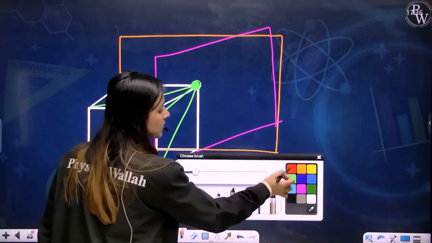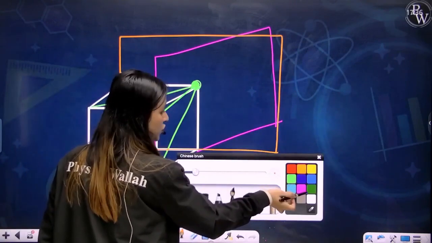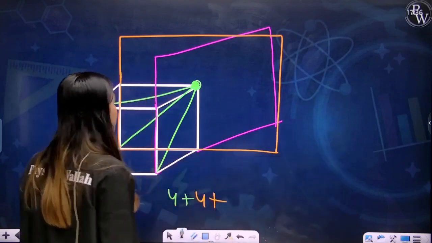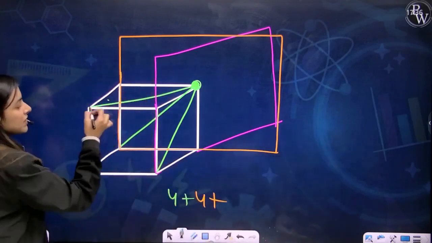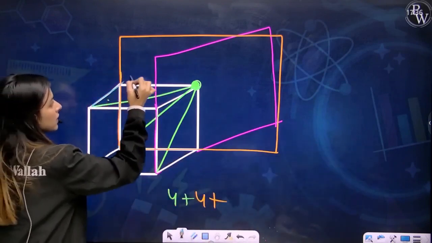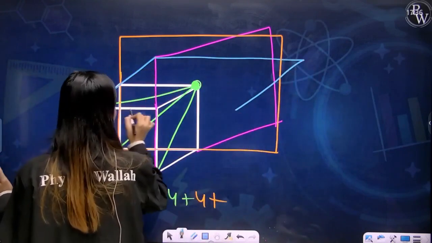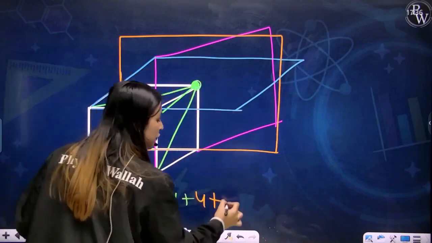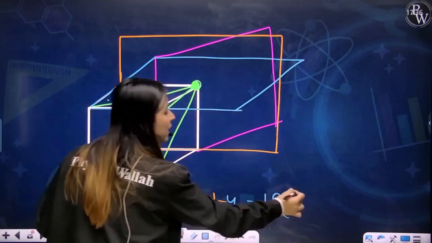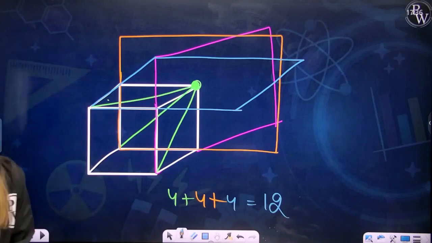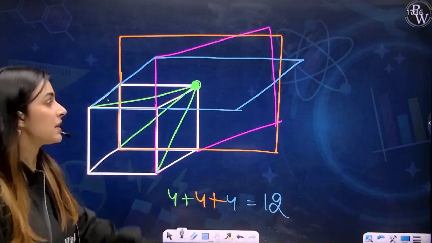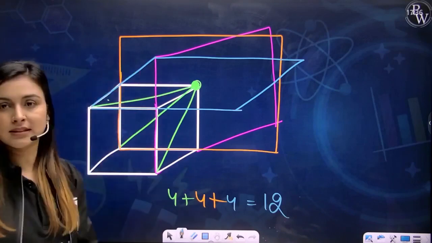Plus. Now you need which color? Let me take blue color. Now you have this face. Now extrapolate this face, like this, like this, and like this. And you will have 4 here. So total 12 atoms you will have present at root 2a distances in these 3 different faces.